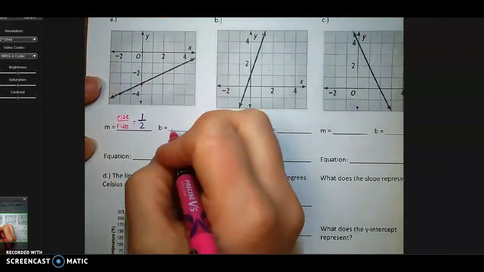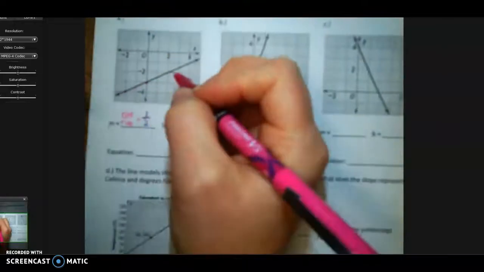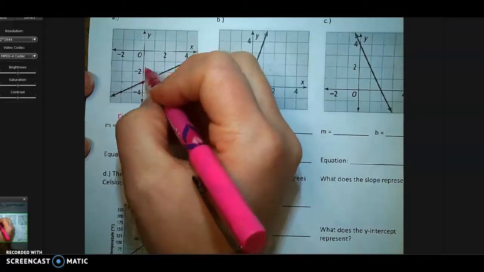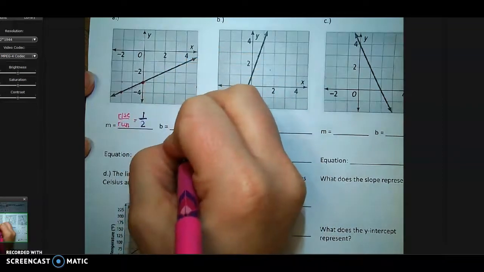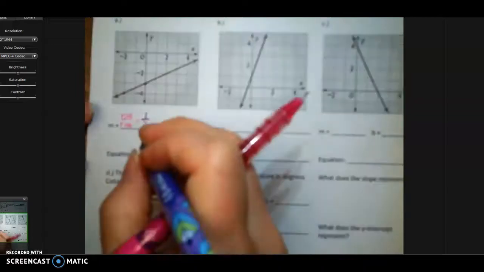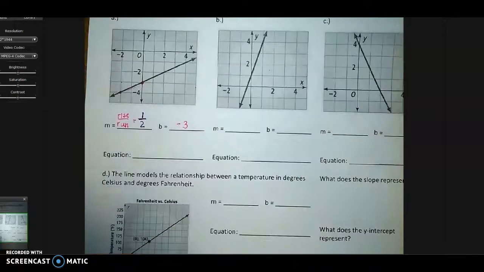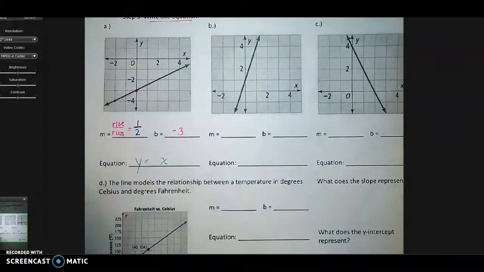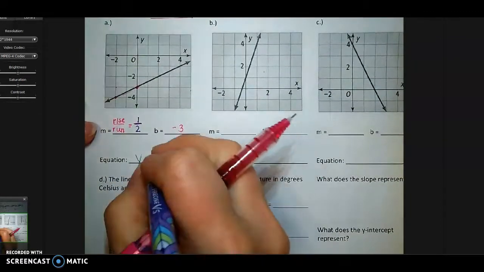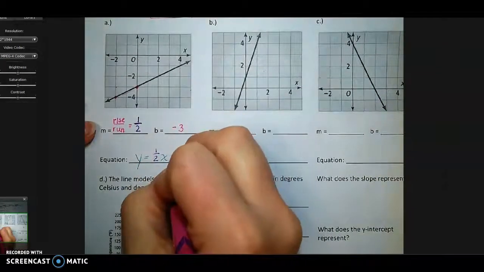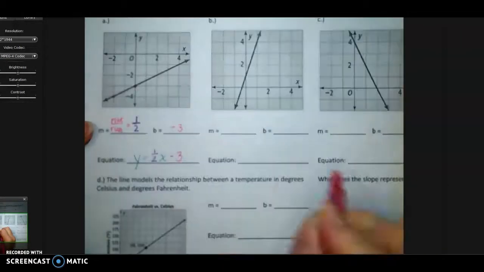My y-intercept happened to be one of the points that I used for my rise over run, and my y-intercept is at -3. So when I go to write my equation, my y and my x are there. I found that my slope was 1/2, and I found that my y-intercept was -3.